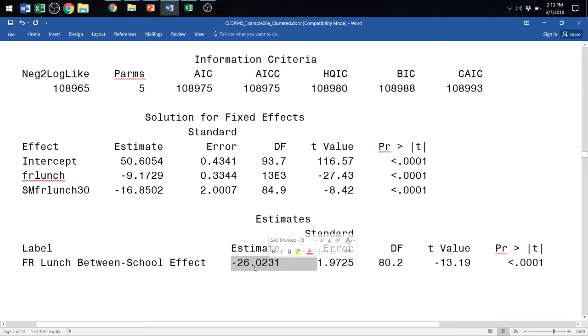That's the between school effect. If I want to know what it is after controlling for individual free and reduced lunch status, that's the contextual effect. So after controlling for individual free and reduced lunch, the extra effect of going to a poor school is 1.6 points per 10% more poor kids.